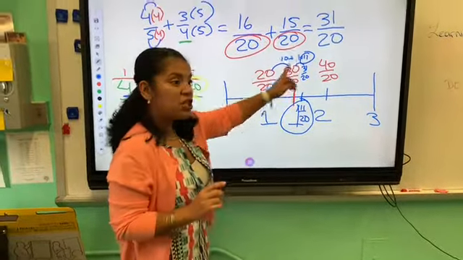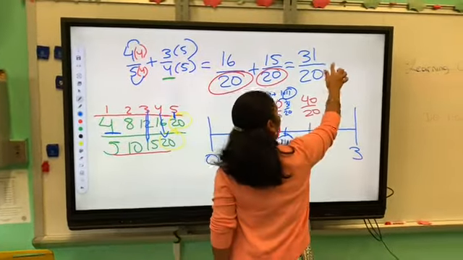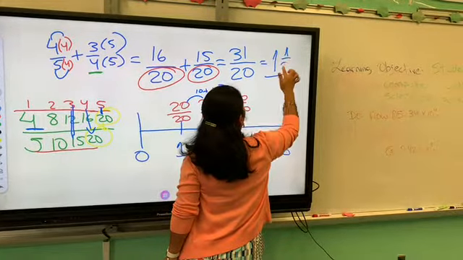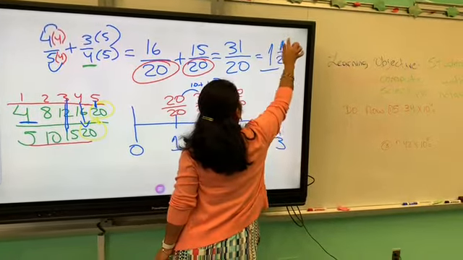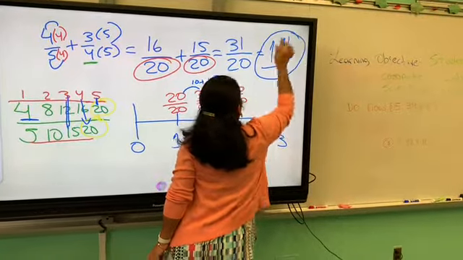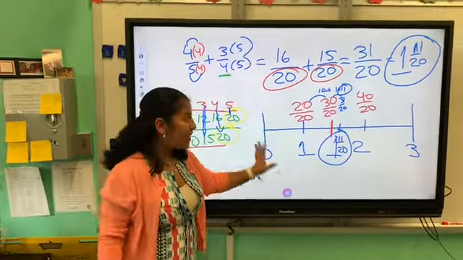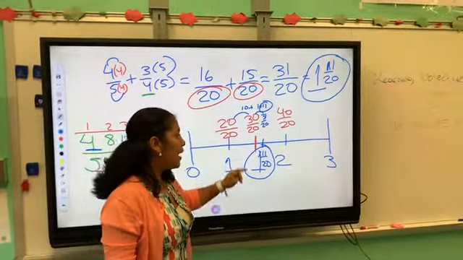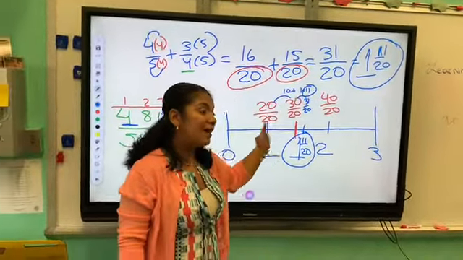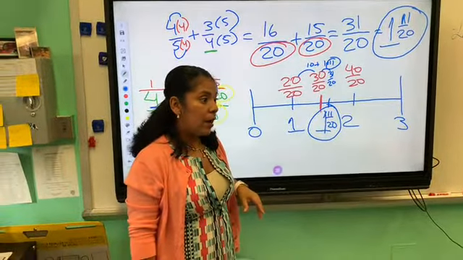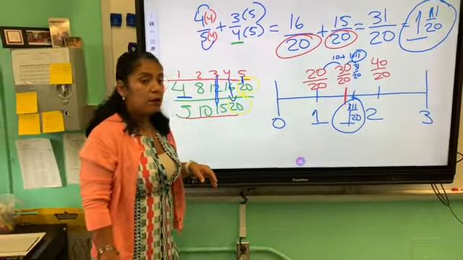So if I want to change that into a mixed number, I have 1 and 11 over 20. Okay? So we also need to identify exactly where on my number line this number is going to be. The next time, not only fractions, but also decimals are going to be here. Any questions so far? Okay.